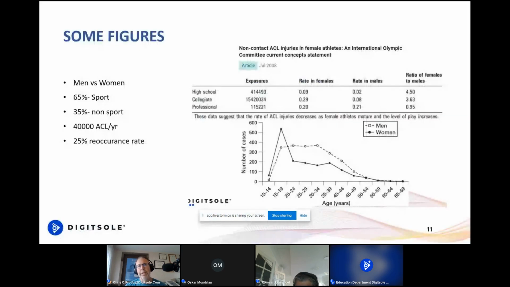So why did this get built? It really was built around the concept of the ACL injury. ACL again stands for anterior cruciate ligament. That's the ligament inside of the knee, and it's one of the two cruciate ligaments. There's an anterior and a posterior, and they're named for the location at which they are in the knee.